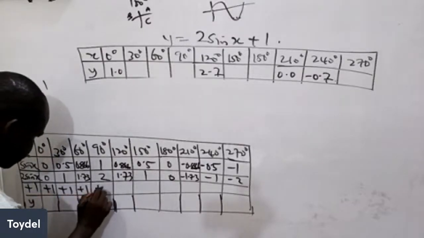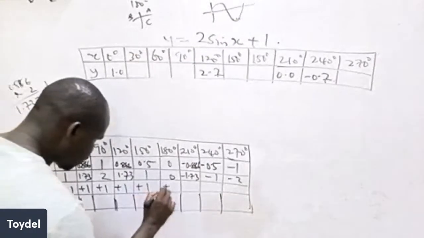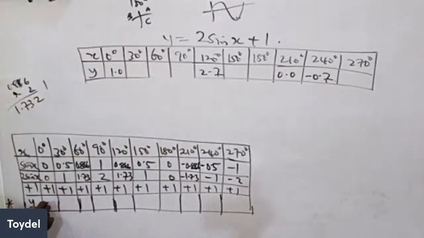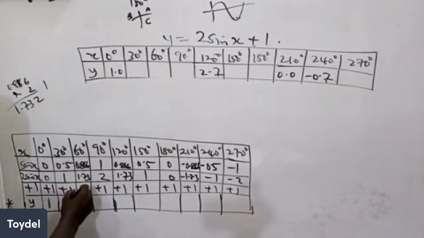Then plus 1 is common. So if I add everything together here, I'm going to get 1. Here I will have 2.5. This one, if I add everything together, is 2.7.